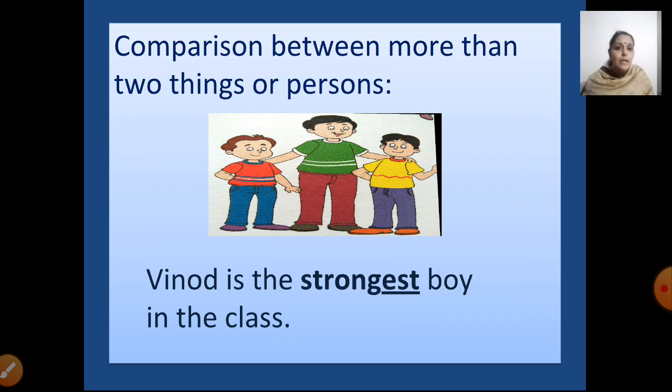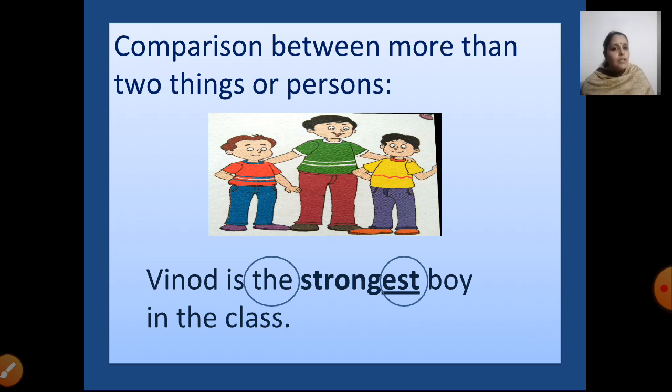So when I have to compare them, I will use est along with the adjective, and also write the. So Vinod is the strongest boy in the class. So I have added est to the adjective strong, and I've also written the before the adjective.